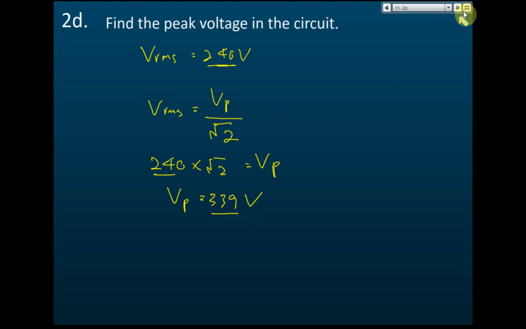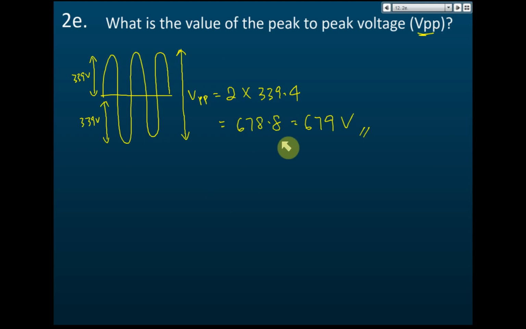So this is not the final answer. If this is not the final answer, you should use a more accurate value. You can use 4 significant figures or even 5 significant figures, 339.4 or 339.41 for your calculations.